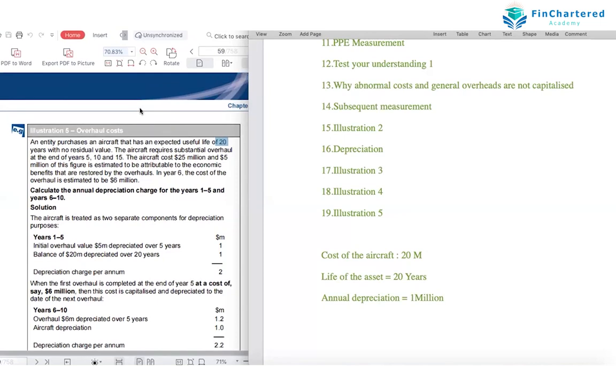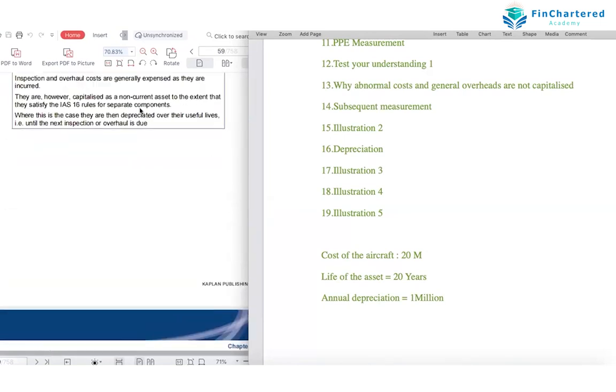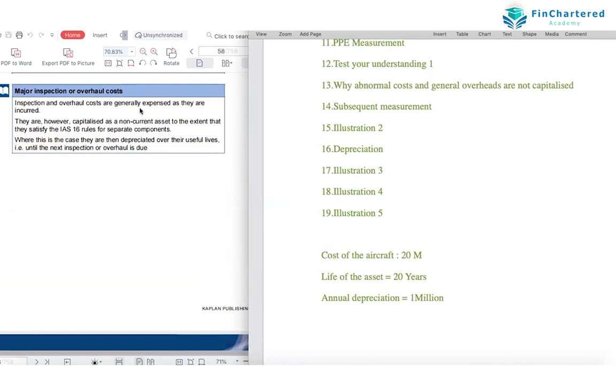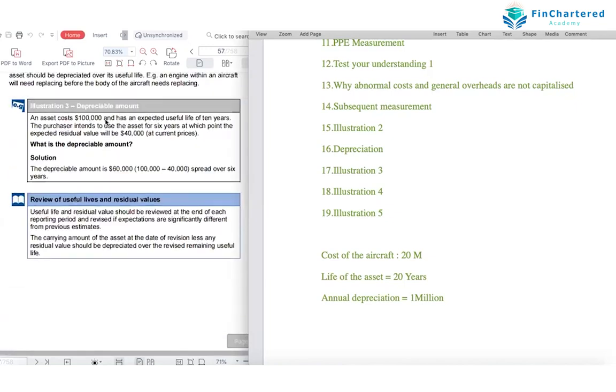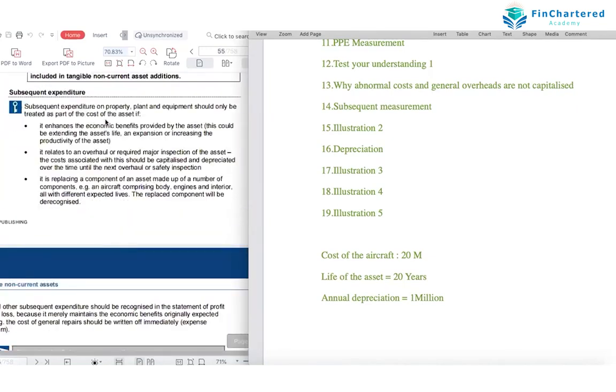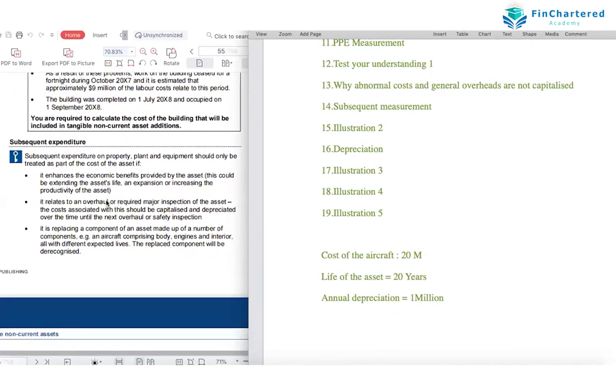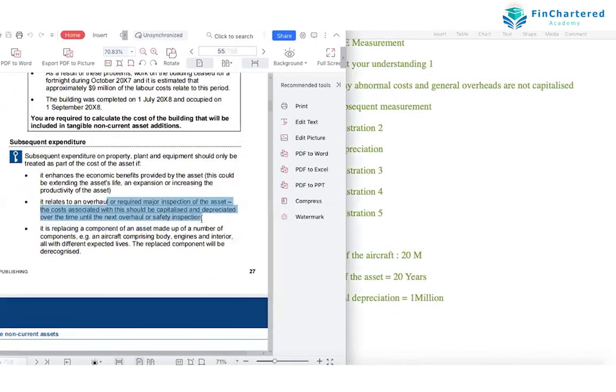Then comes the overhaul. If it is a major overhaul, without which you cannot use the asset, as I mentioned earlier, if it's a major cost, you will capitalize it. So we also saw this over here: major inspection or overhaul should be capitalized and depreciated over the life of the asset.